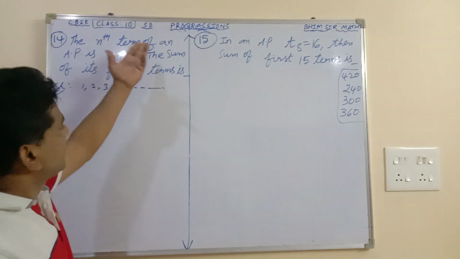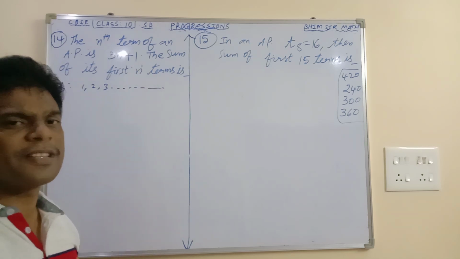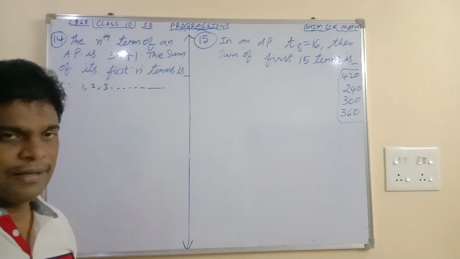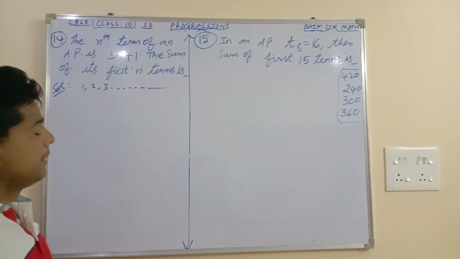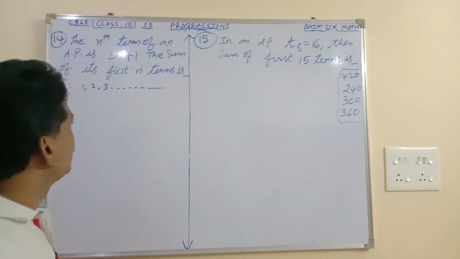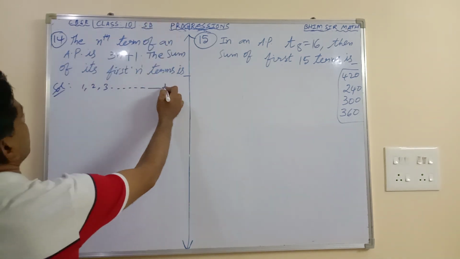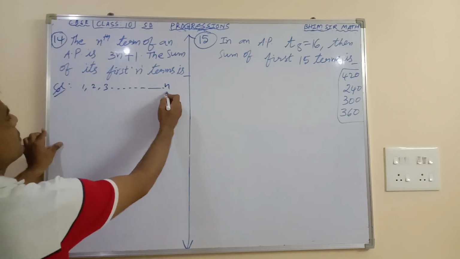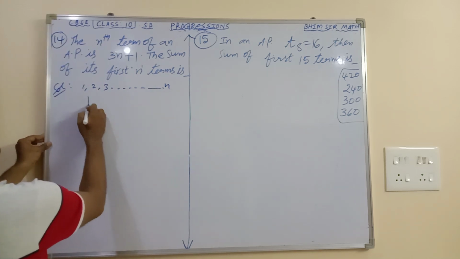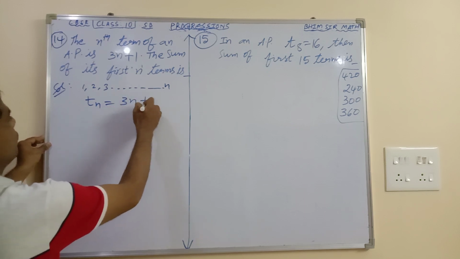The nth term depends upon the value of n only. It's not infinite. Here the nth term of the AP is 3n plus 1, Tn equals 3n plus 1.